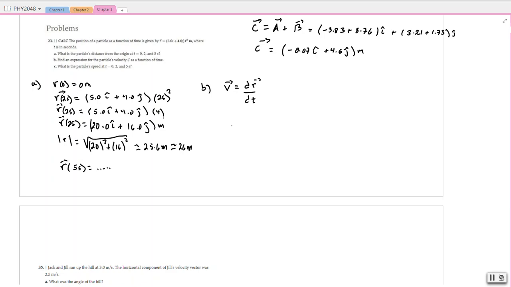So we know that v is dr/dt. So we know that r is the function 5.0 i plus 4.0 j times t squared, and we are going to differentiate this with respect to time.